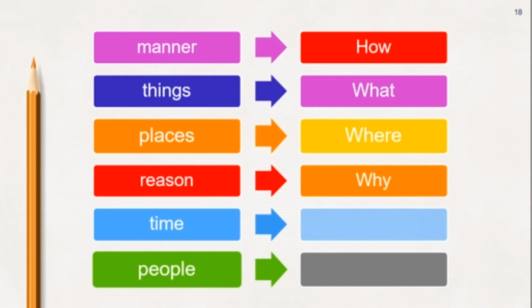To ask about time, we use the question word when. Or even we can say what time. And to ask about people, we say the question word who. So these are some uses for the question words in English in simple present.